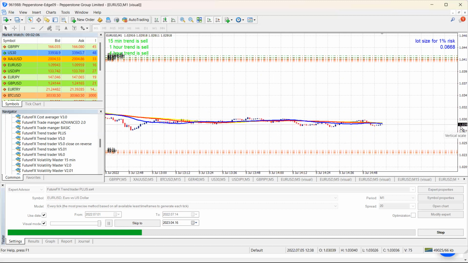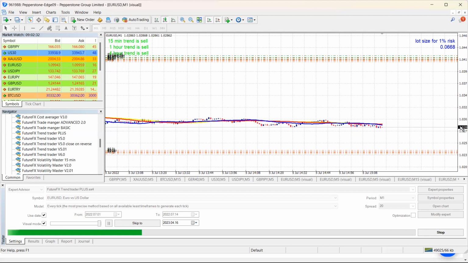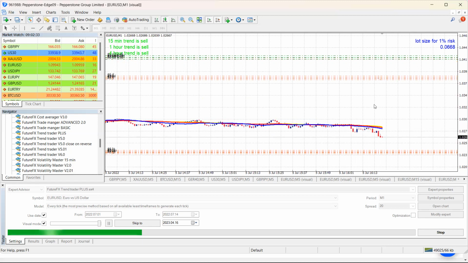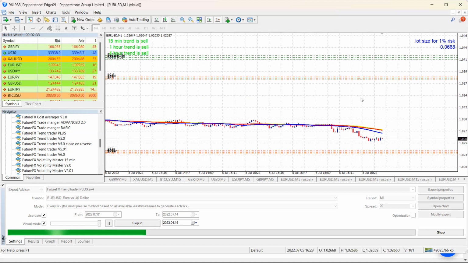I'm actually liking the 5 minute time frame myself, but the 1 minute does back test slightly more profitable a lot of the time. The reason I like the 5 minute is it spreads out the trades a little bit more. So at the moment, we just hit the second profit lock on all of them.